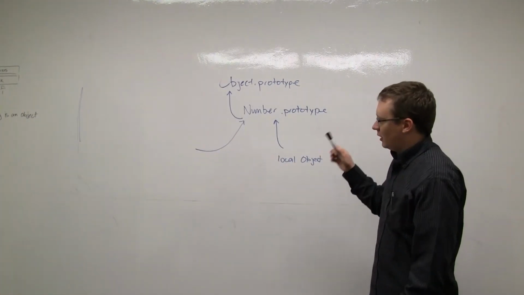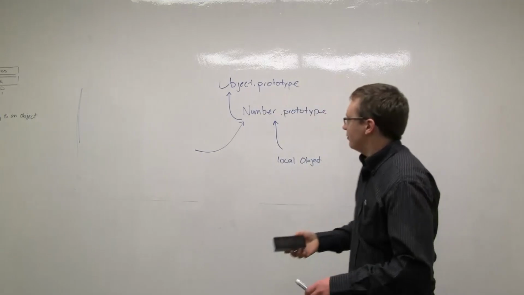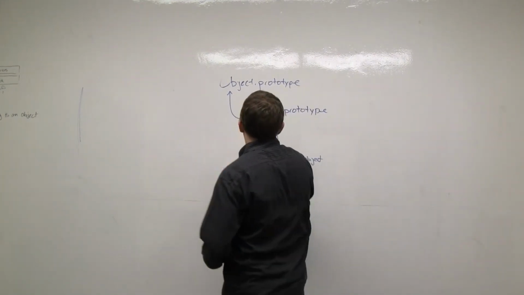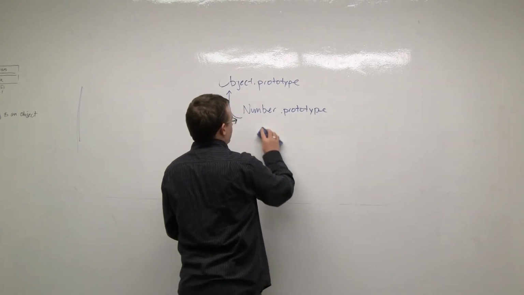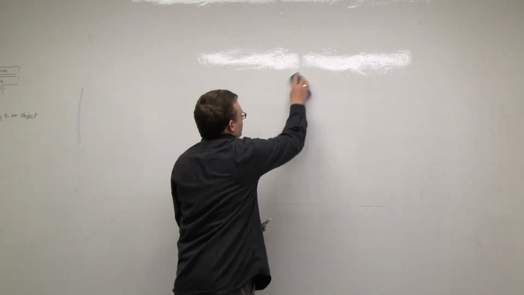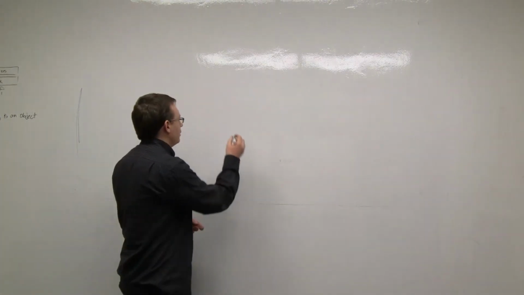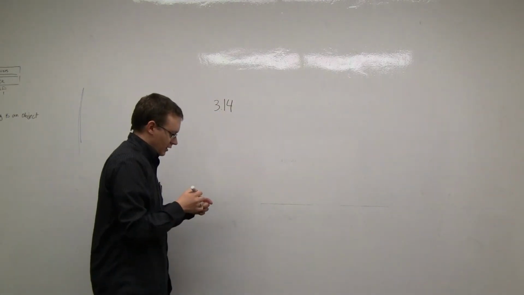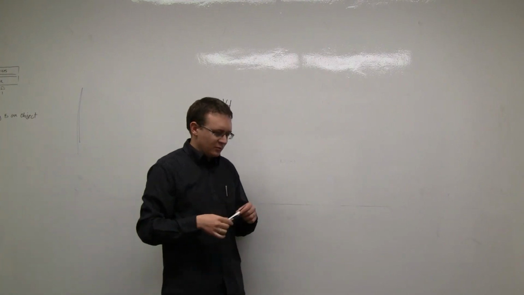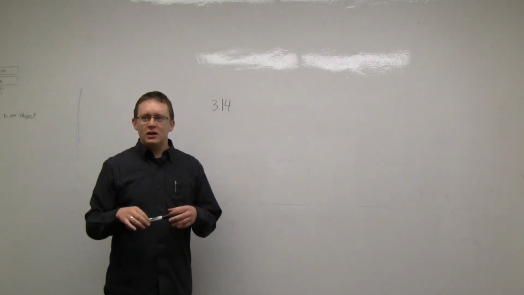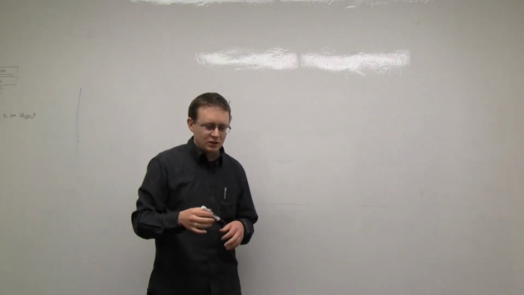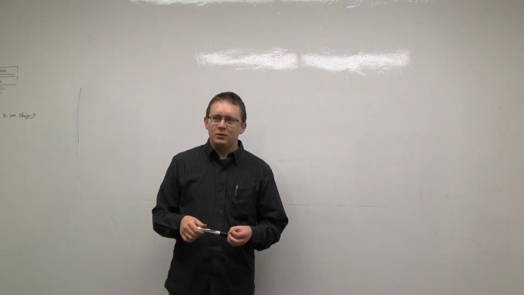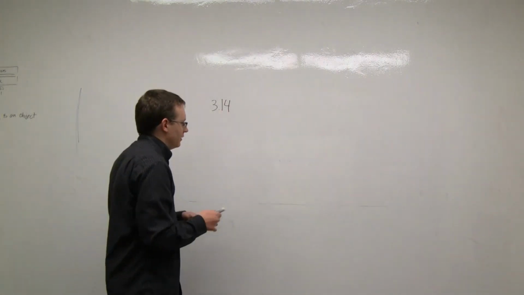So why is that important? Well, if we go back to our number, erase this. And I'm going to pick a new number. Say there's some need in our application for every number to have some magic ability, and we'll pretend that we want to be able to square numbers easily.